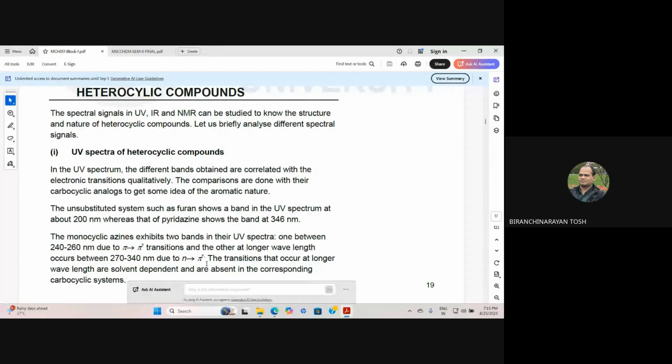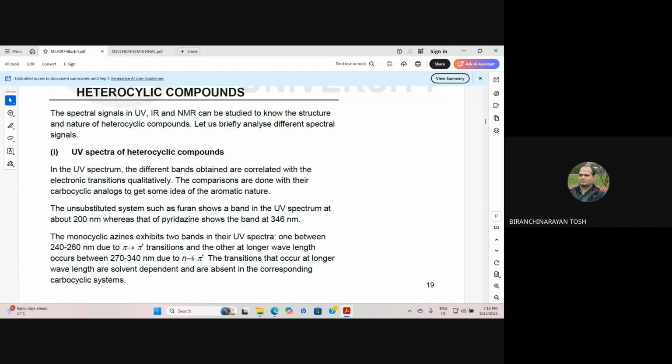If you recall the energy level diagram, sigma to sigma star transition requires much more energy than pi to pi star, and n to pi star transition requires the least amount of energy. Ultraviolet radiation has higher energy than visible.